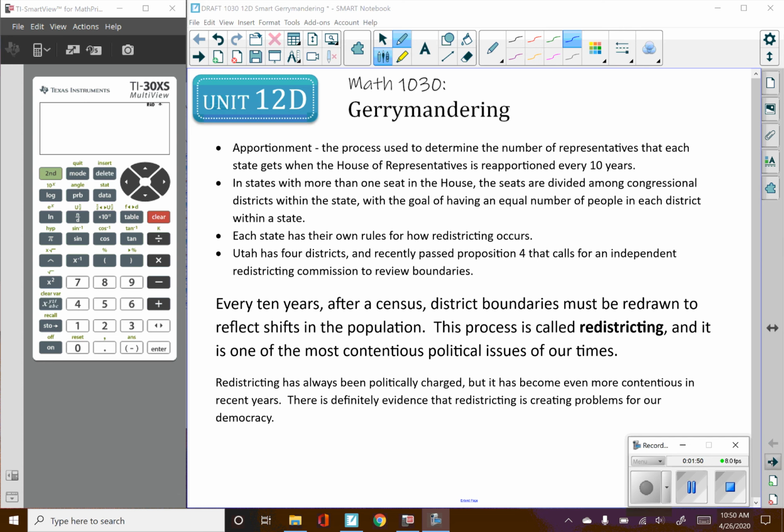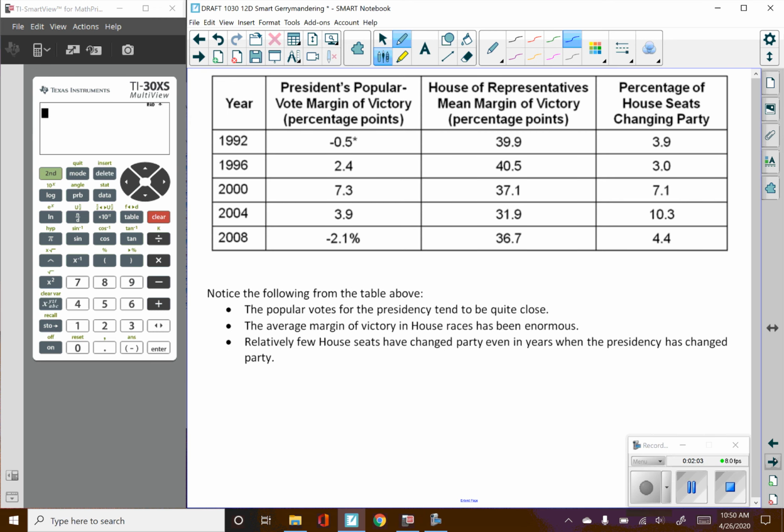A lot of the really divided and contentious fights between Republicans and Democrats are kind of coming about in part because of gerrymandering. So here's some information on some elections from 1992 to 2008.